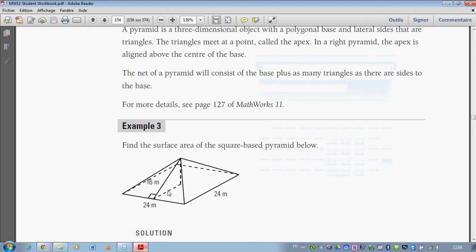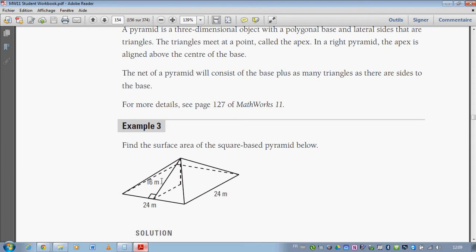Now, happily enough, since this is a square-based pyramid, this means that if this is the base of your triangle, because right now we're looking at the triangle part of this right here, all of these triangles have the same base, and therefore they also have the same heights, which are 16 meters.